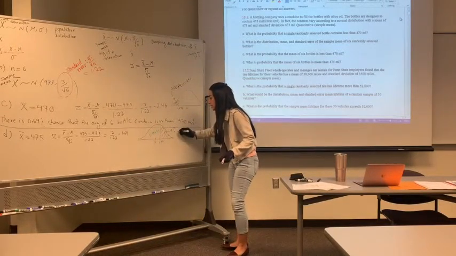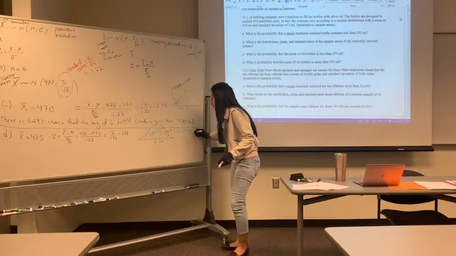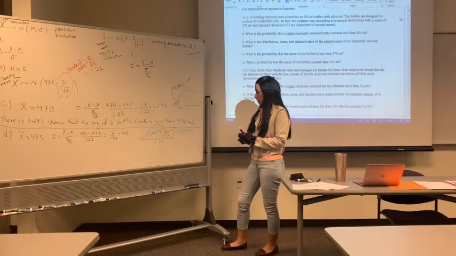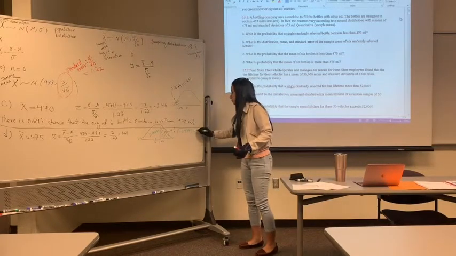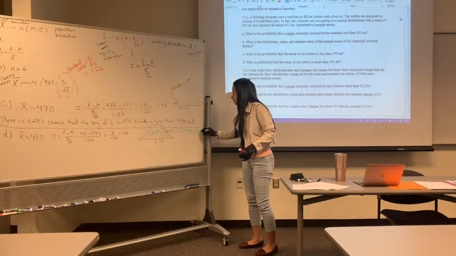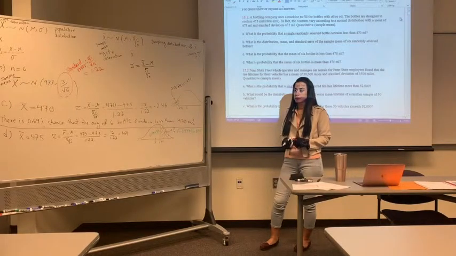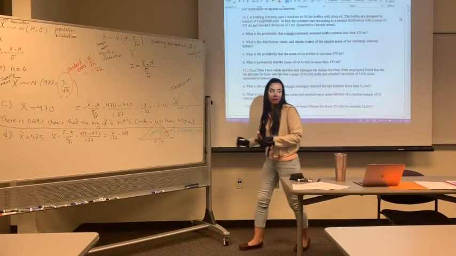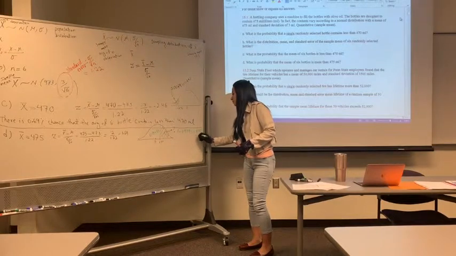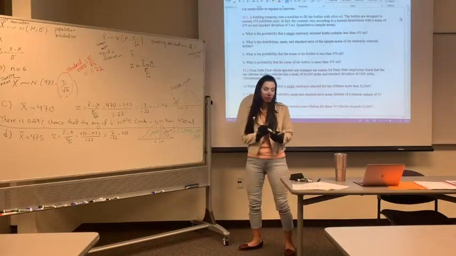So this question mark here will be 1 minus 0.9495, which is 0.0505. That's about 5%, correct?